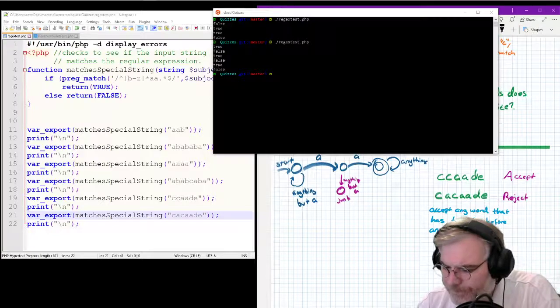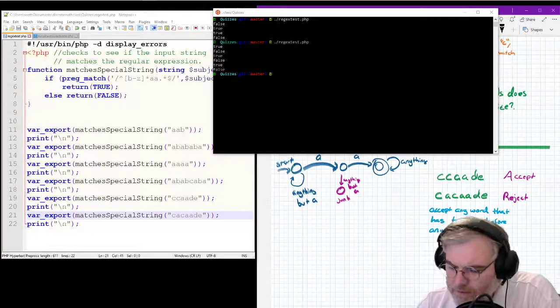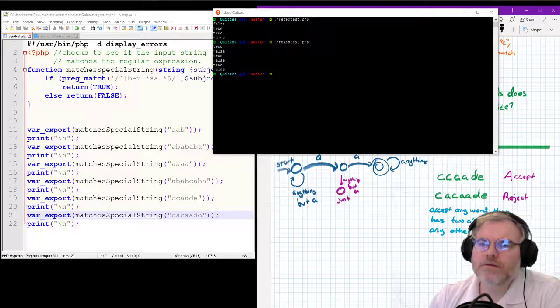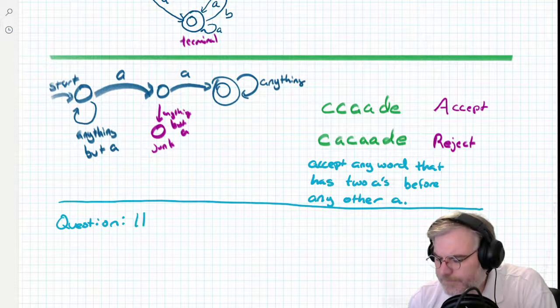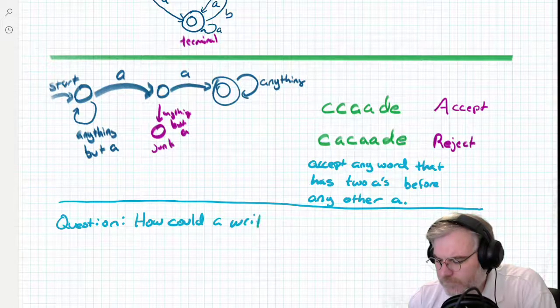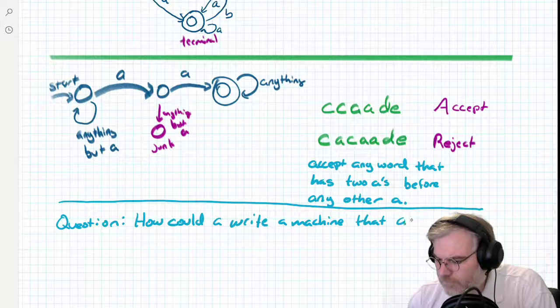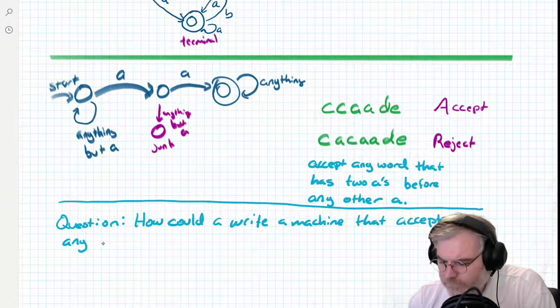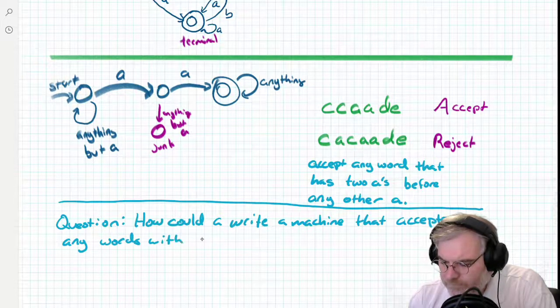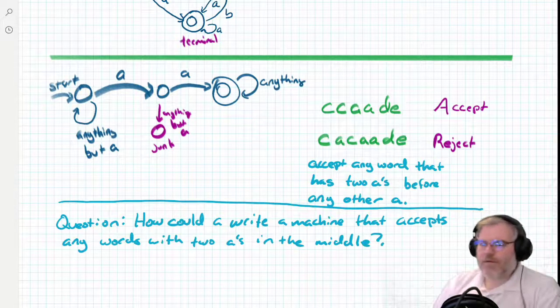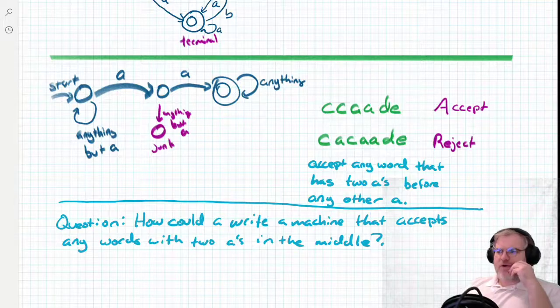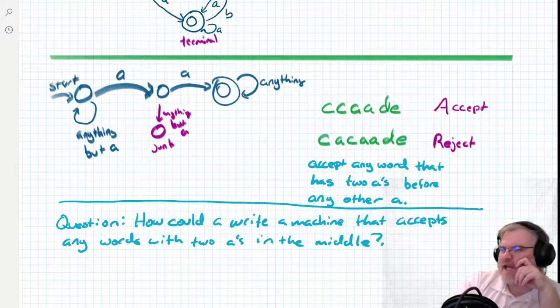Okay. So, question. How would I write a machine that would accept any word with two A's in the middle? I want to write a machine that would accept that last word.